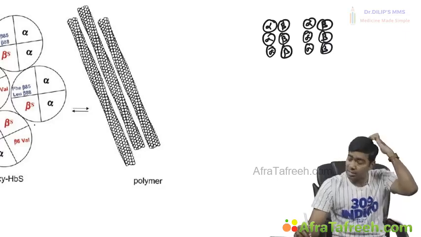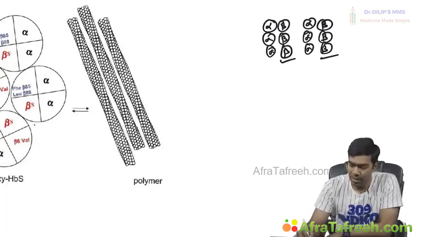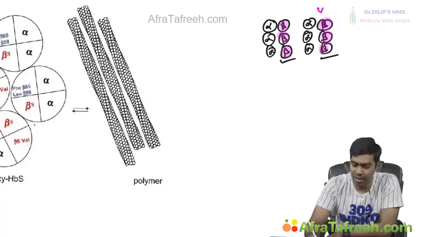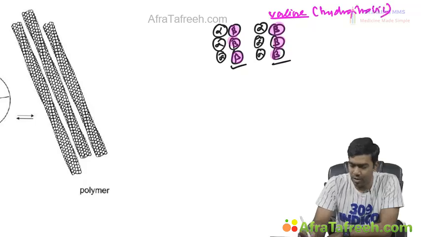But in a sickle hemoglobin, what really happens is, because of the point mutation in the beta globin gene, this abnormal beta globin gene is going to have a very important amino acid called valine. I already told you this is hydrophobic.